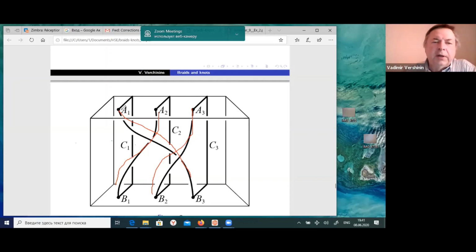You join the point 1 in the upper plane to the point 1 in the lower plane. The same way, the point 2 with the point 2, the point N with point N. Somewhere so that these lines are not linked.